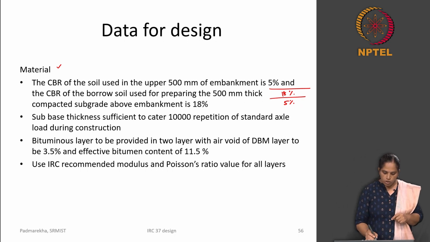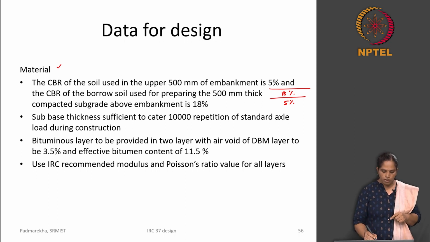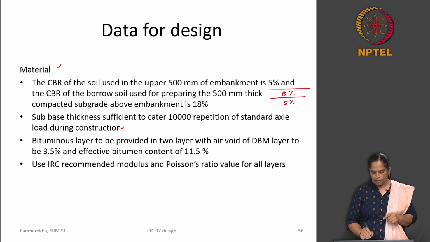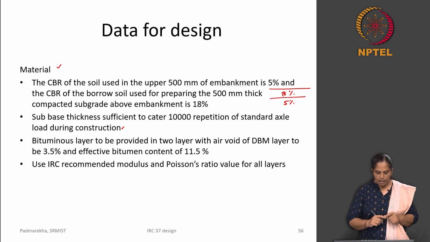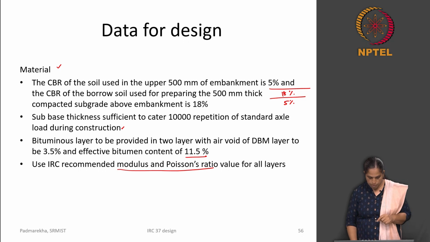And subbase thickness should be sufficient to cater to 10,000 repetitions of standard axle load during construction. And we have a bituminous layer to be provided in the top two layers, and it has an air void of 3.5% and effective bitumen content of 11.5% by volume. So we use IRC recommendations for modulus and Poisson's ratio values and we will design a pavement here.